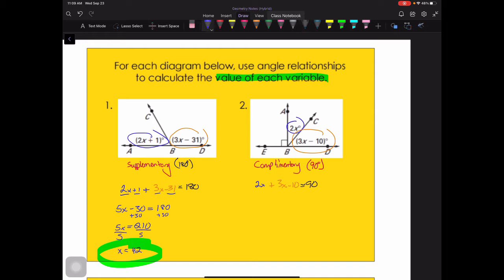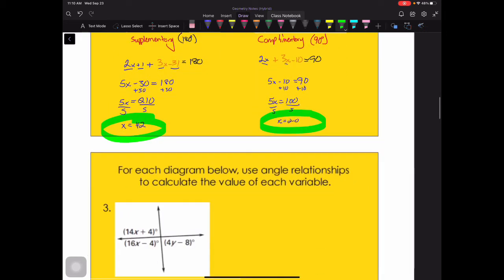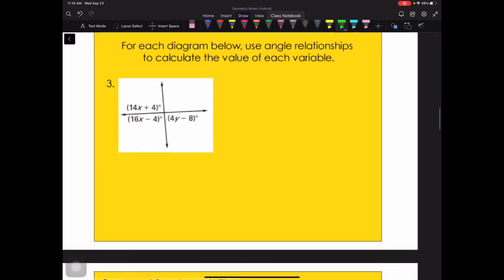Again, combine like terms, so 5x minus 10 equals 90. Add 10 to both sides. 5x equals 100. Divide both sides by 5, and we get 20. Again, we solved for the variable. We are done. So again, use vocabulary to set these up, and then it's all algebra from there.